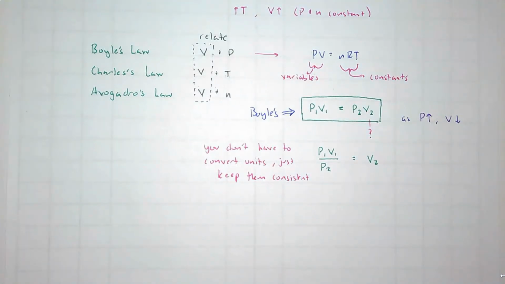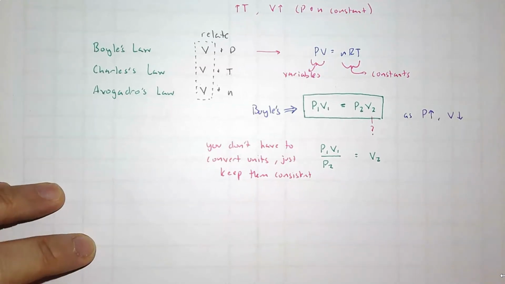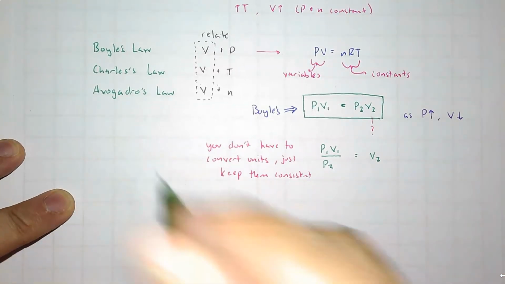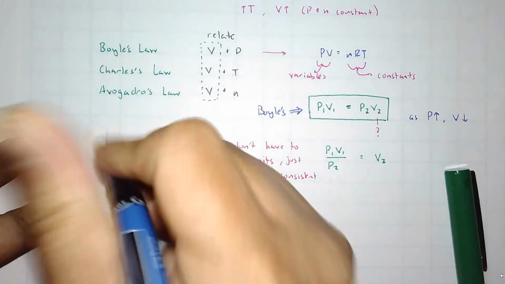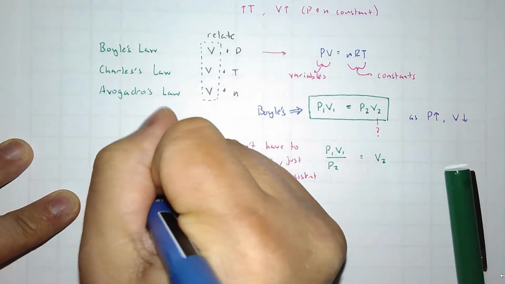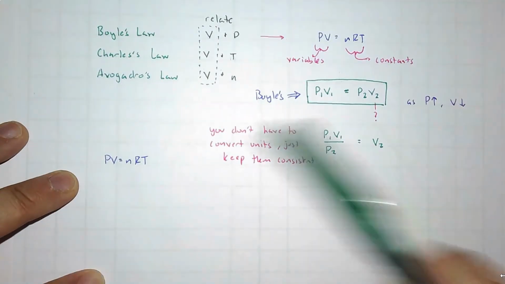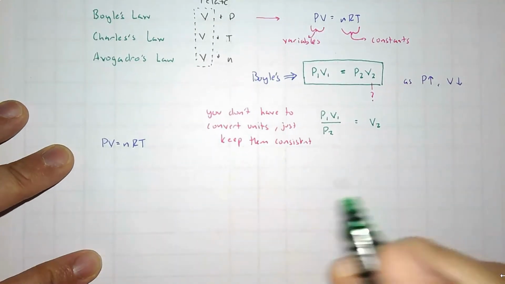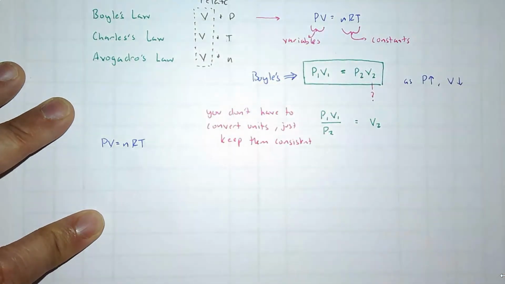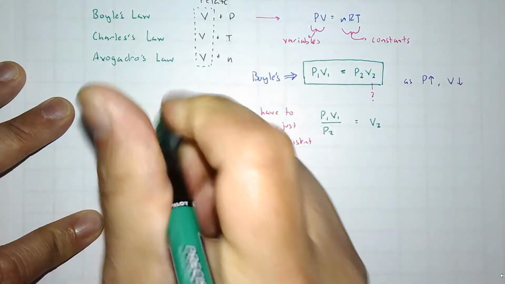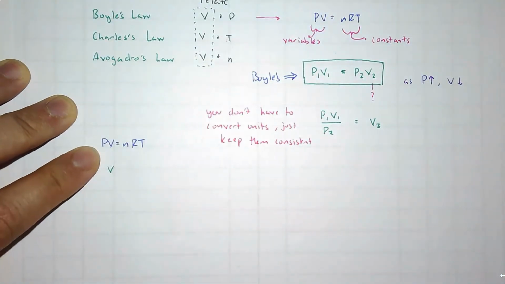What about Charles? Can we do the same trick for Charles' law? Get all the variables on the left, get all the constants on the right. So in this case, we start with PV equals nRT again. Charles relates volume to temperature. V is already a variable on the left.